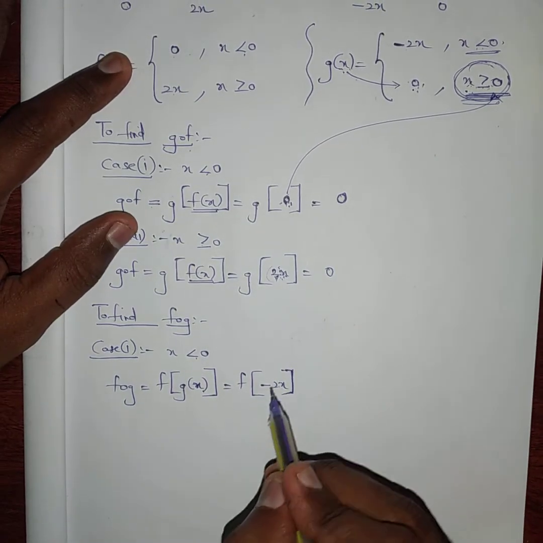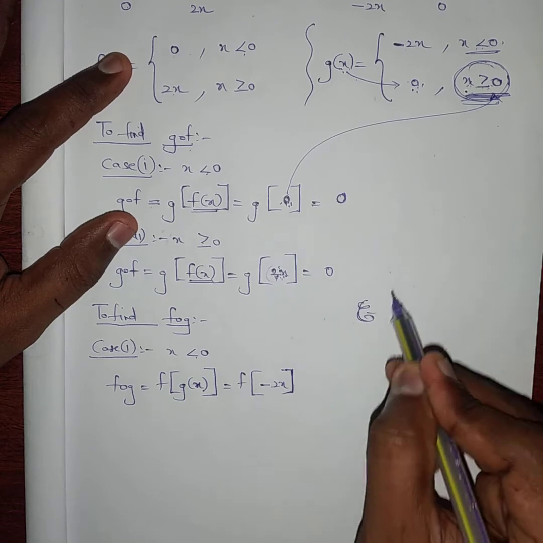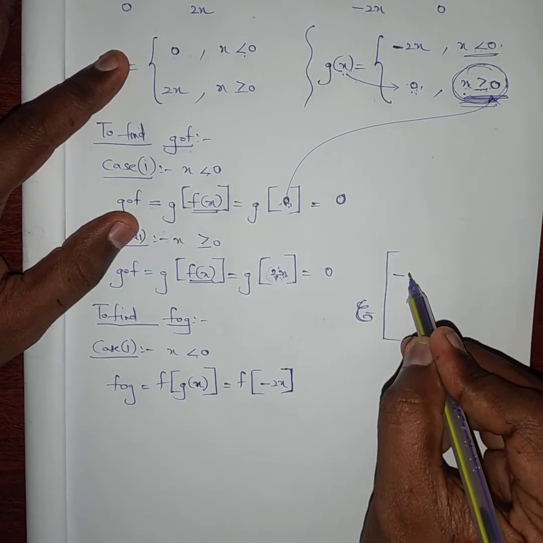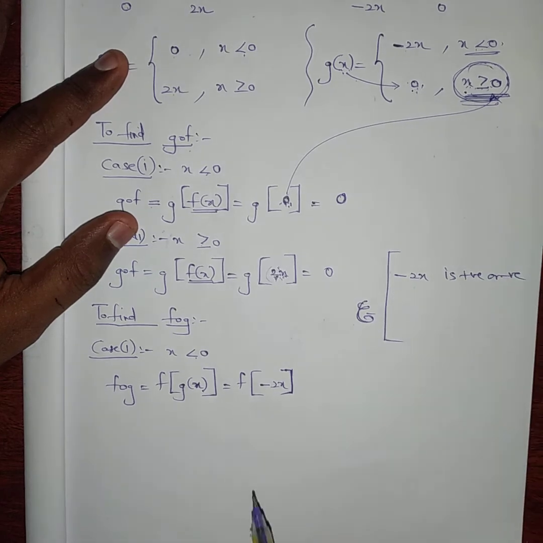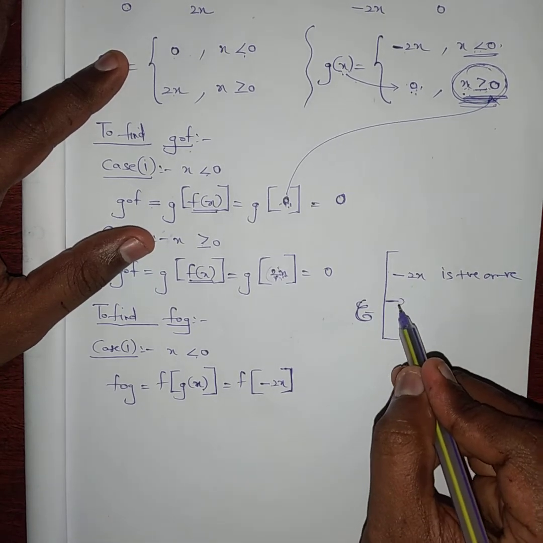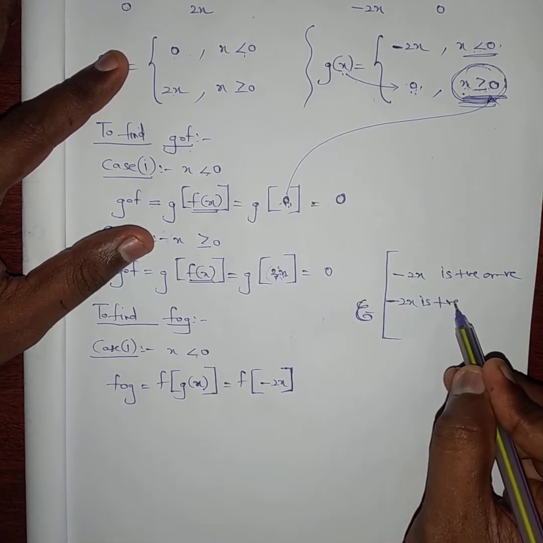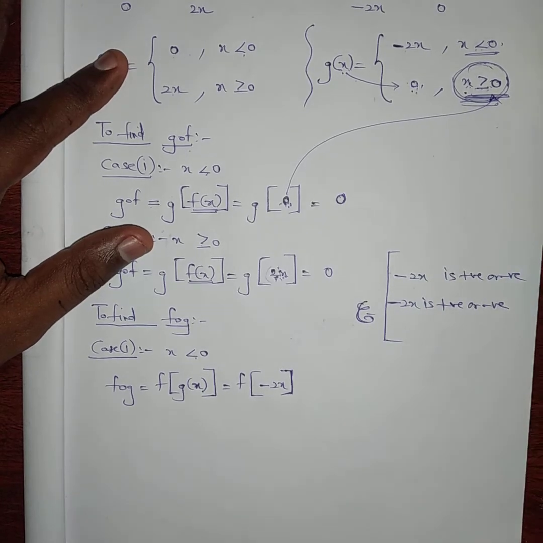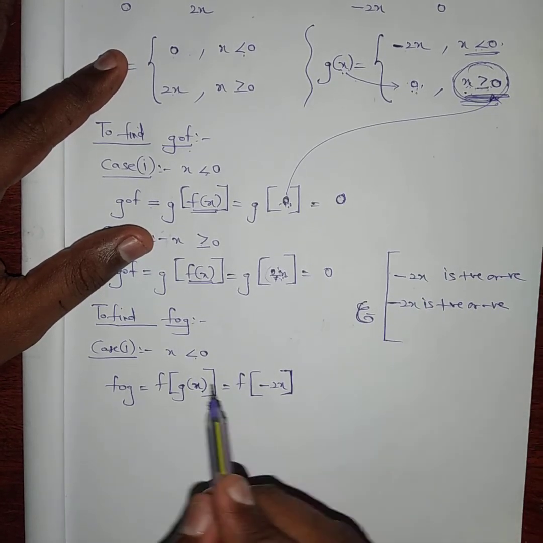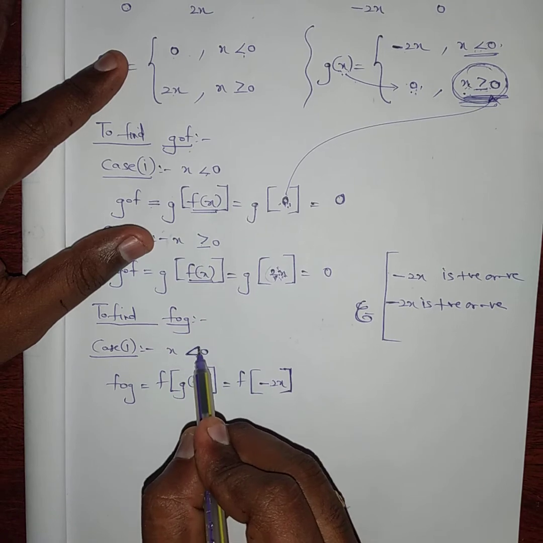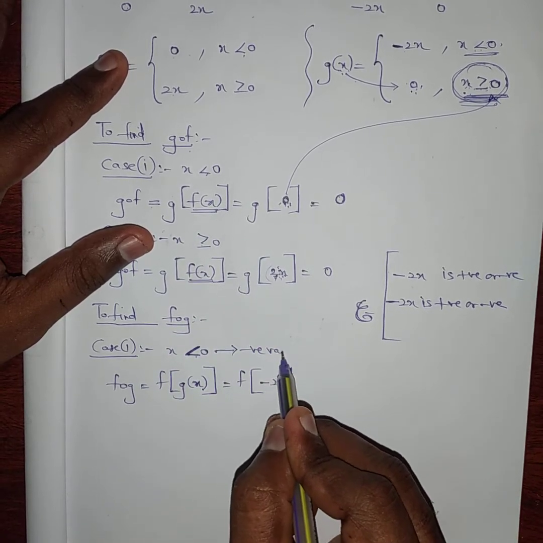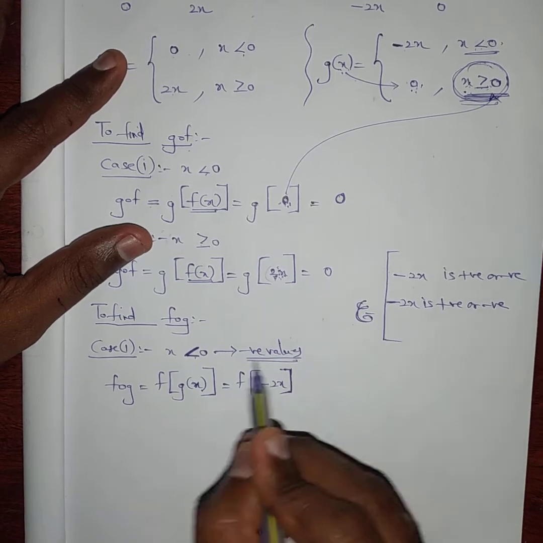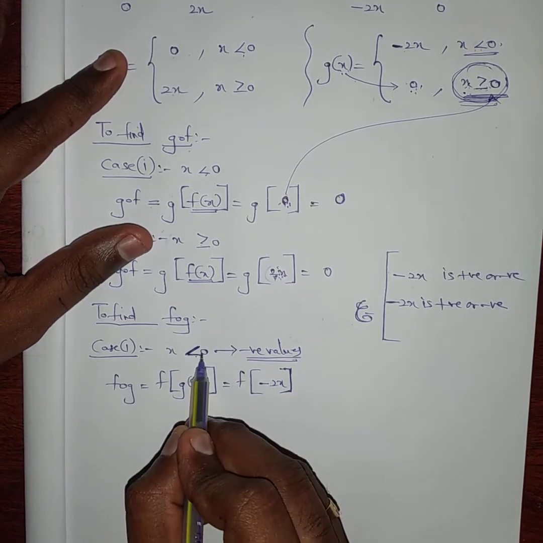See very carefully, this minus 2x, we need to find whether it is positive or negative. Why do we need to find? Because x is less than 0, which means we have only negative values.